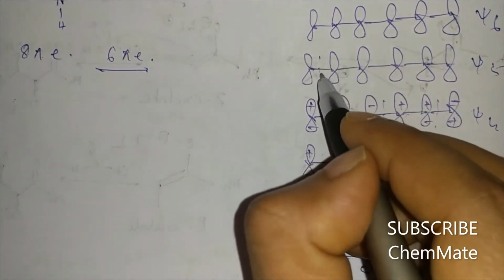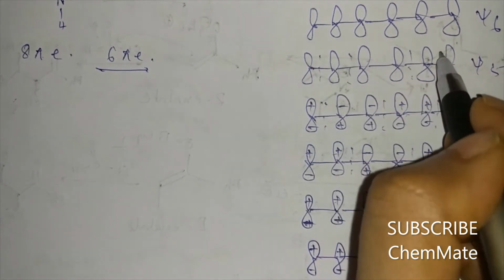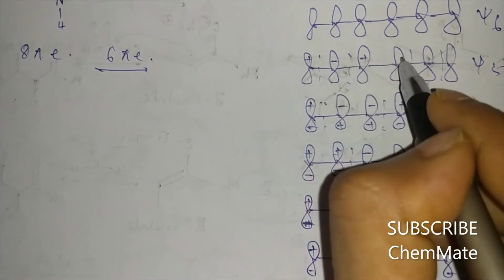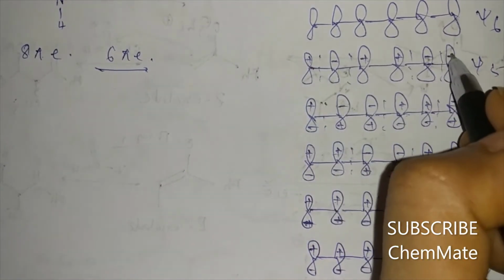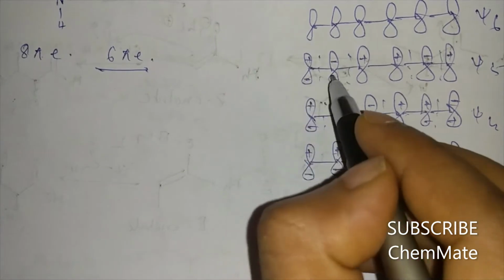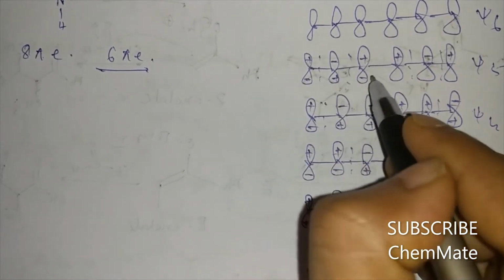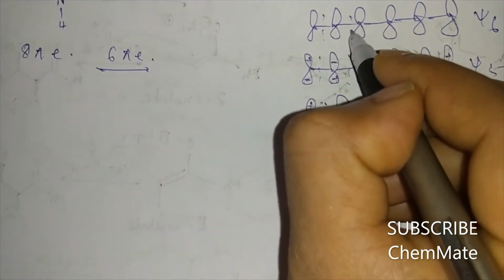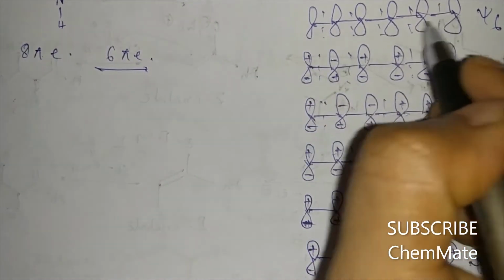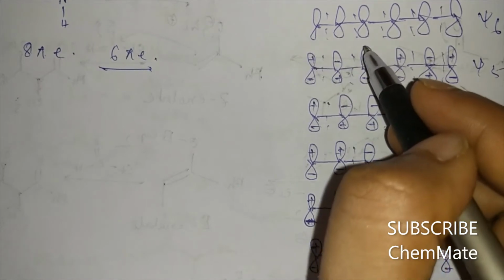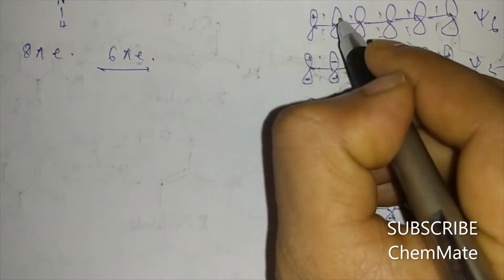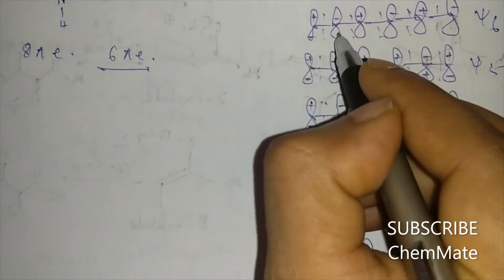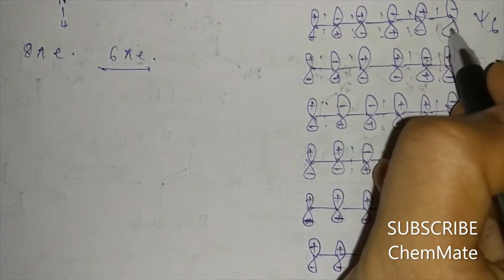Psi 5 will have four nodal planes, so plus minus plus plus minus plus, then minus plus minus minus plus minus, and psi 6 will have 5 nodal planes. 5 nodal planes means plus minus plus minus plus minus minus plus minus plus minus plus.